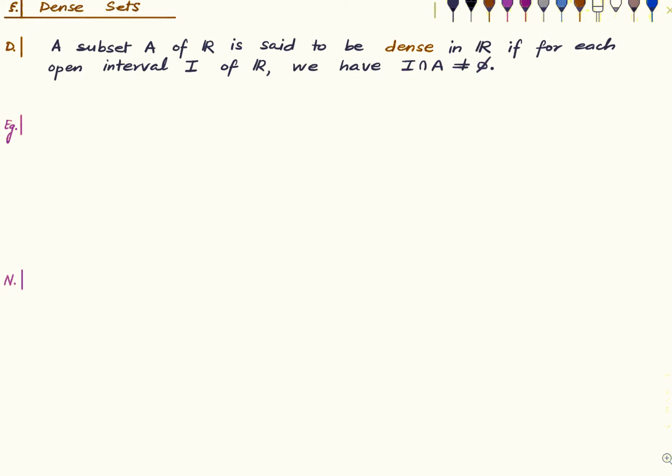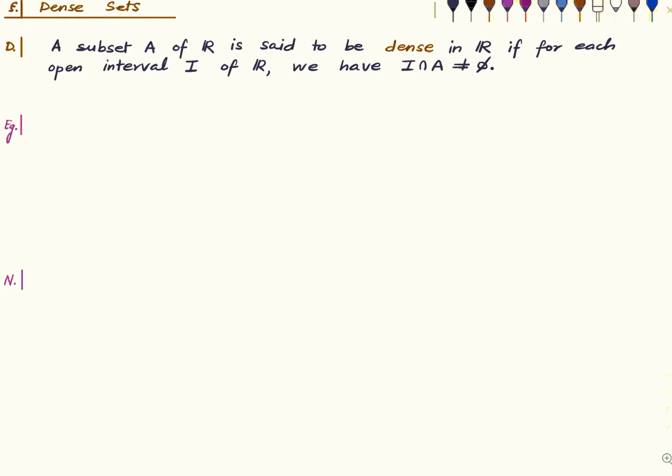So, in other words, every open interval contains some point of A. Every open interval intersects A non-trivially, is what this is saying. So, in some sense, this is present everywhere. No part of the real numbers can escape the set A, right? That's what it is trying to capture.